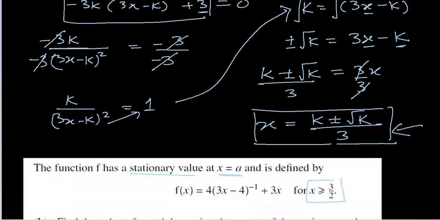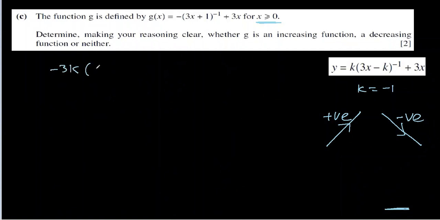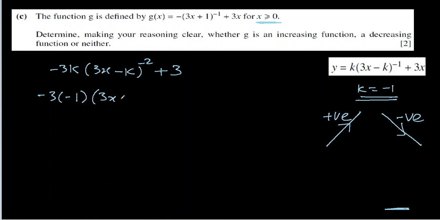First derivative was minus 3k, 3x minus k to the power minus 2 plus 3, right? So now k in this case is minus 1, so let's put that here, minus 1, 3x minus 1 square plus 3. So it becomes positive 3, 3x plus 1 square plus 3.